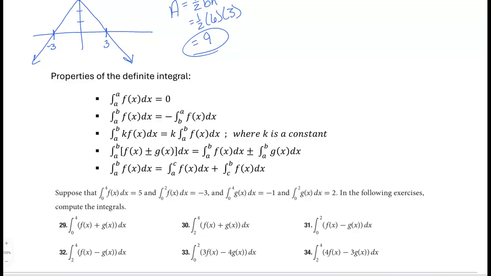The definite integral has a set of properties. Remember, we're talking about the area under the curve now. So if my left bound and right bound are the same, let's think about that rectangle thing again. So I'm looking at integrating a function, I'll call it f of x.